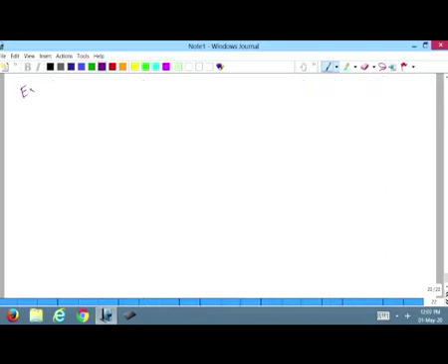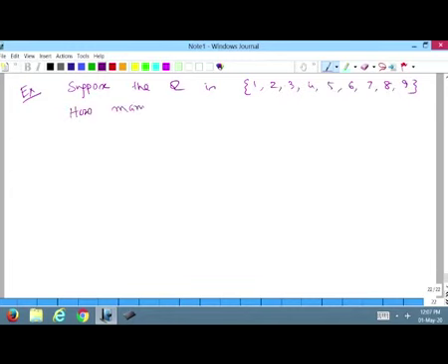Example: suppose omega is the set 1, 2, 3, 4, 5, 6, 7, 8, 9. How many compound events are possible?